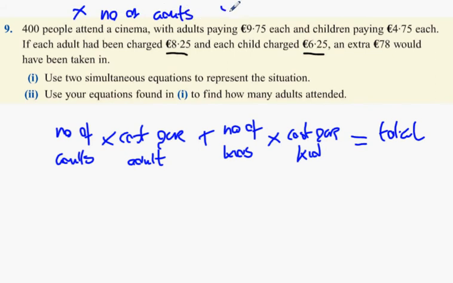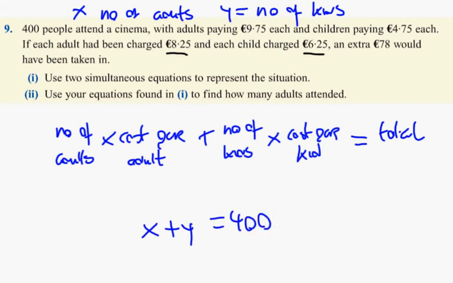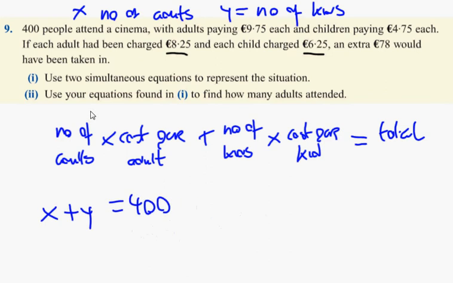And y equals the number of kids. So look at this. x plus y equals 400. Where did I get that from? 400 people. Number of kids plus number of adults has to be 400. One equation down. Okay. The next one is really tough.